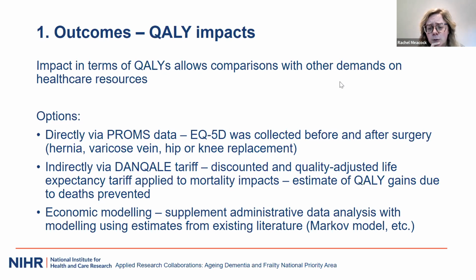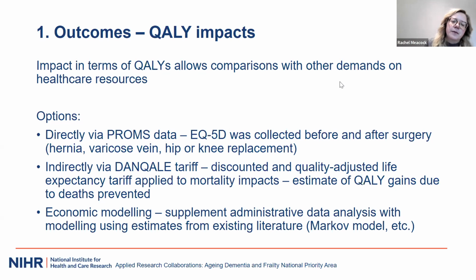So there are two indirect ways that we might go about getting our impacts in terms of QALYs. Something that we developed was called a Dan Quayle tariff, and Dan Quayle was also some American vice president who couldn't spell potato or something, so maybe not the best name. But basically, if you've got an intervention that has significantly impacted mortality, then we have this indirect way of saying, if we saved this number of lives, we've averted this number of deaths, we can estimate the QALYs that would have been associated with that gain.